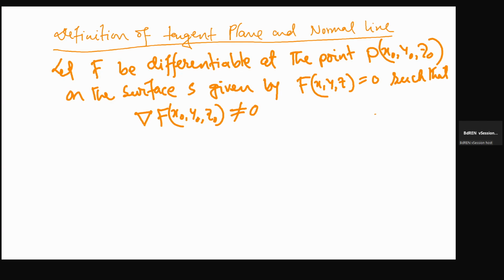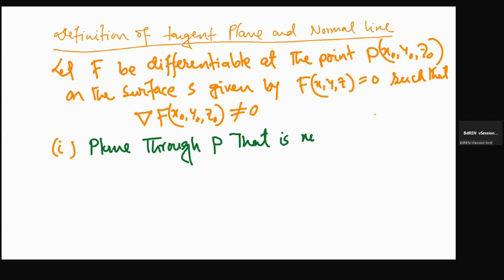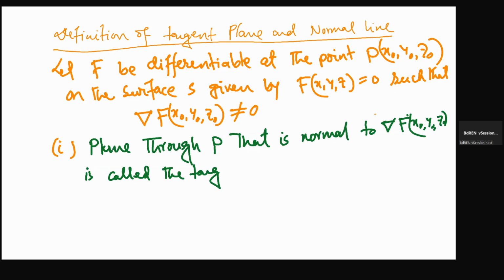Then number 1, the plane through P that is normal to the gradient nabla f of x naught, y naught, z naught is called the tangent plane to S at P.